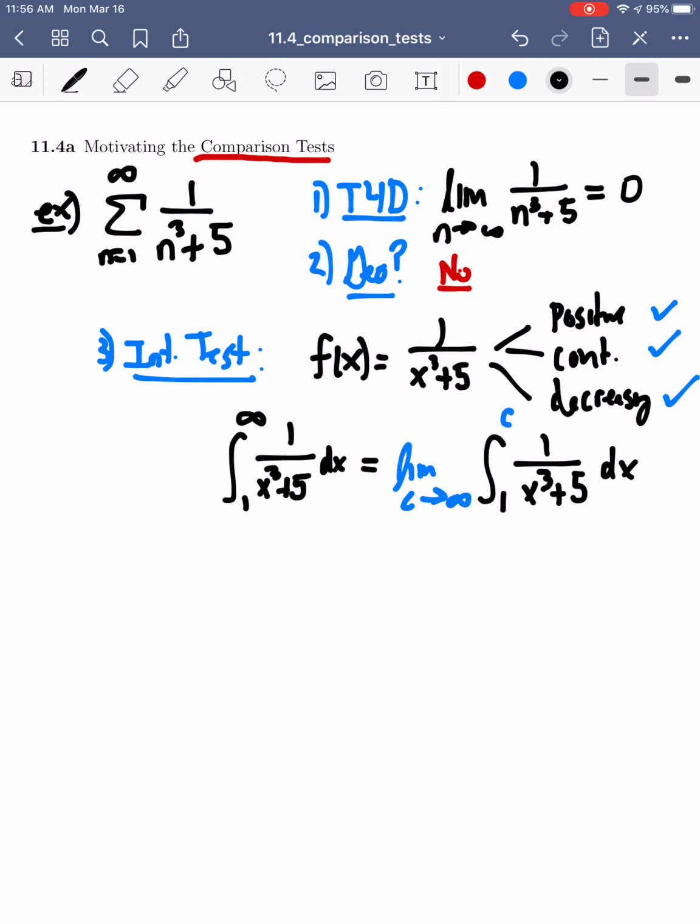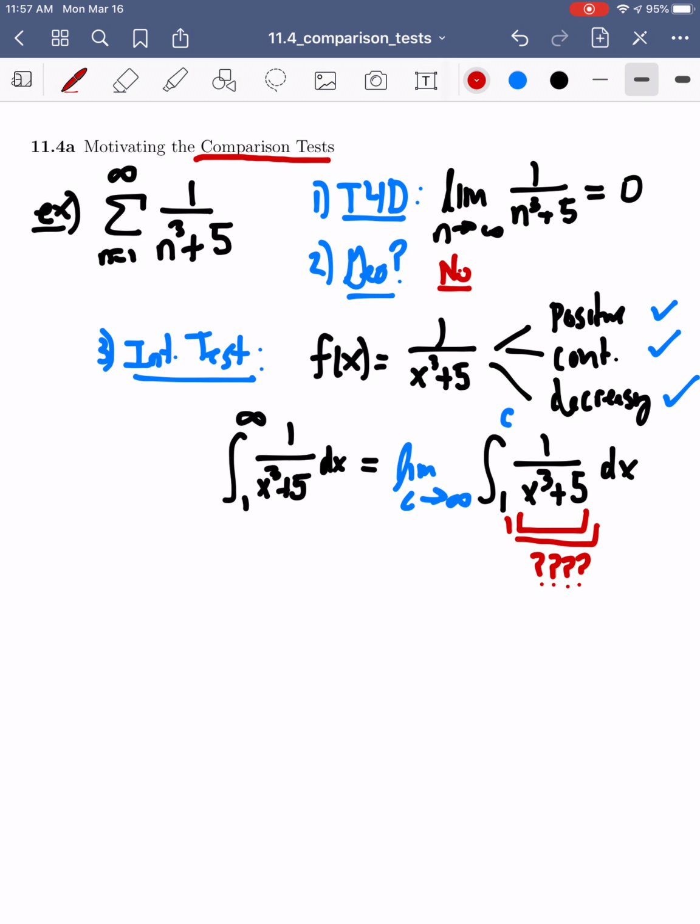Because once we introduce the limit, the next thing we get to do is find an antiderivative for that integrand. And well, finding an antiderivative for this integrand is actually very tough. So immediately, just by going through our series tests at our disposal, well, we can perform integral test here, but unfortunately, finding the antiderivative might prove impossibly difficult.